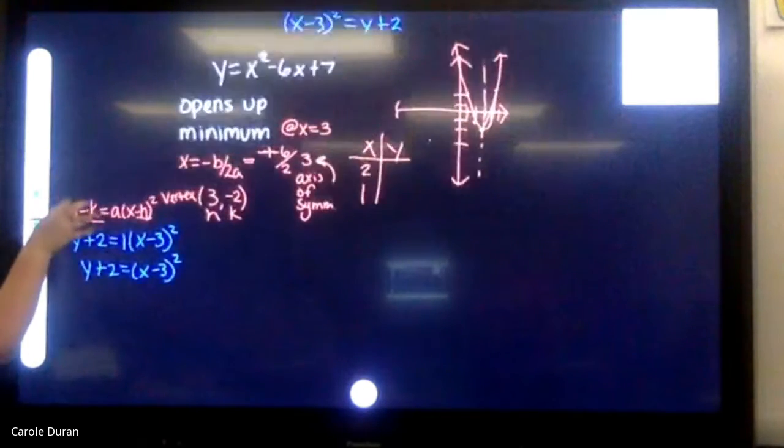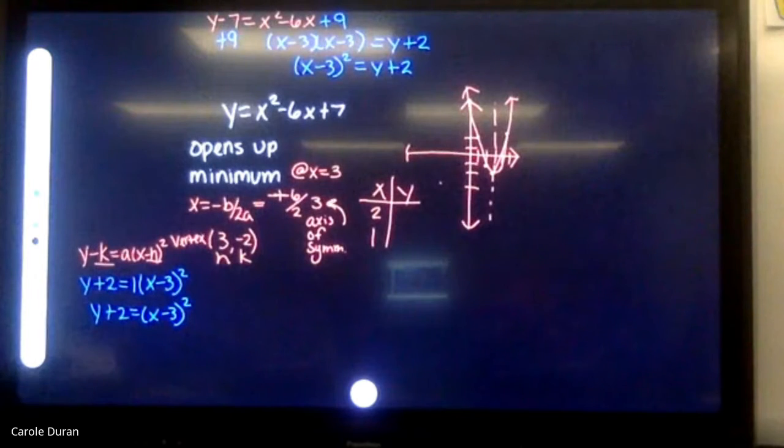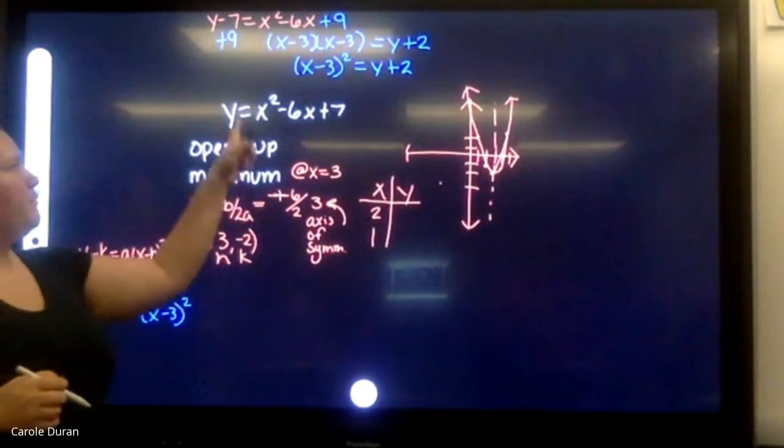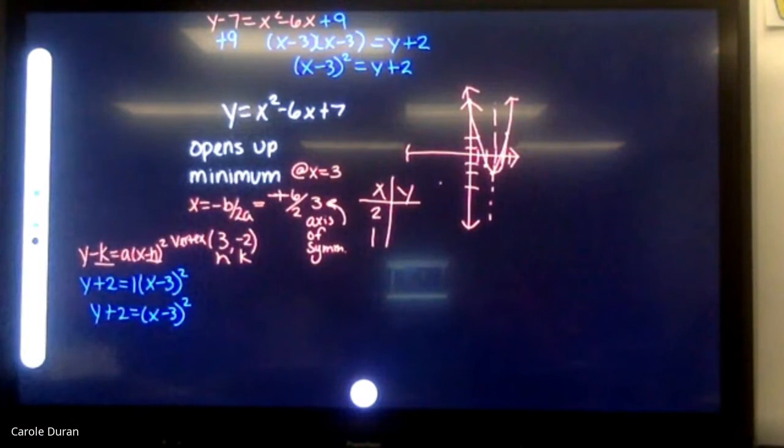Where do you get the a for 1? It's the number in front of my x squared. a is the number in front of our x squared if we're given it in expanded form. Can you put it y equals x minus 3?